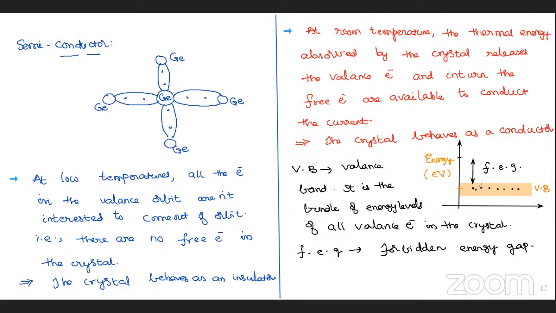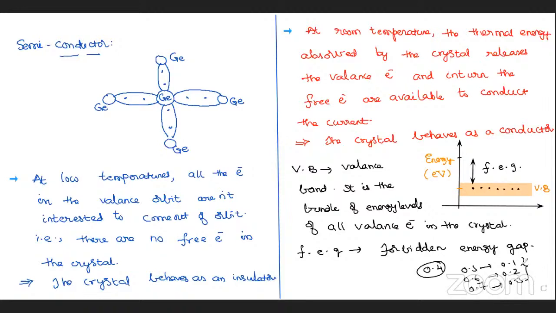I already explained that once an electron turns into a free electron, it won't stay in this forbidden energy gap. It will become free. Again, calculate the energy of all the available free electrons in the crystal. Free electrons won't possess the same energy, because the required energy is 0.4. Sometimes it may get 0.5, sometimes 0.6, sometimes 0.7. Here 0.5 is utilized for ionization, and the leftover energy for the electron is 0.1 in this case, 0.2 in this case, 0.3 in this case.